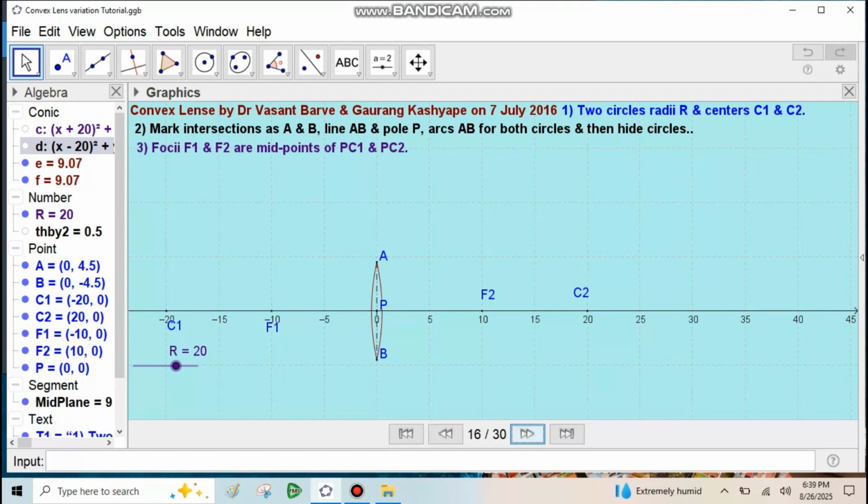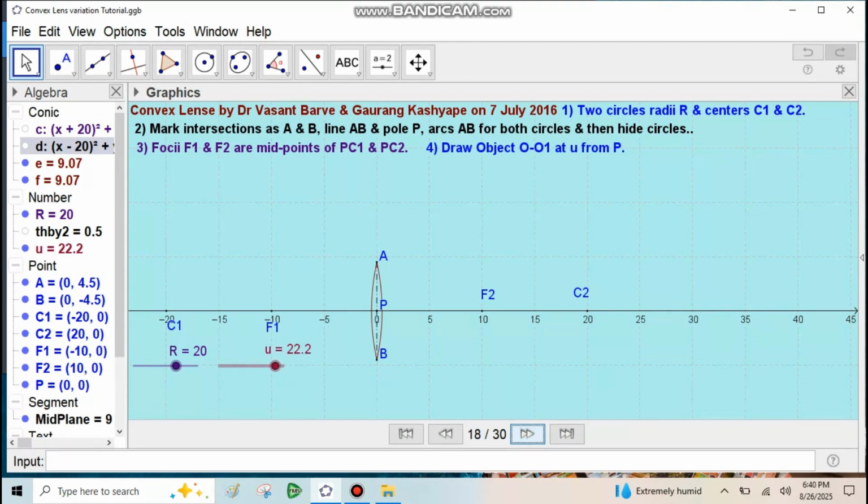So we got F1 and F2. Now we'll take one object at some distance u from P, and I'm going to keep that distance u also a variable so that we can see how the convex lens modifies the images.